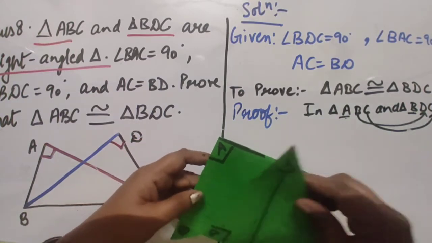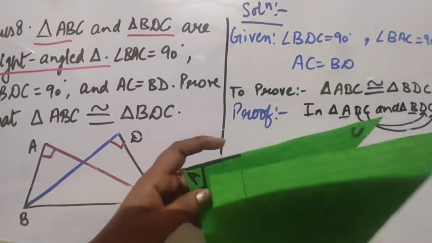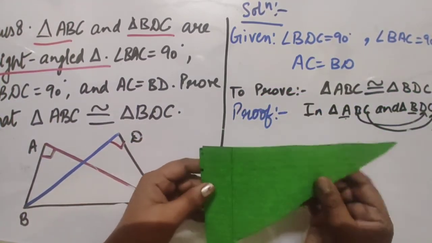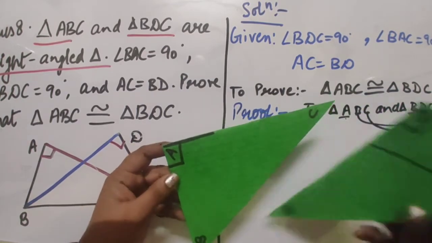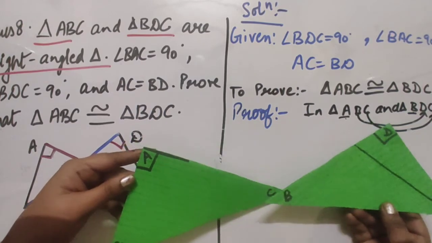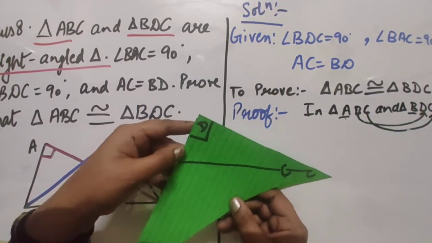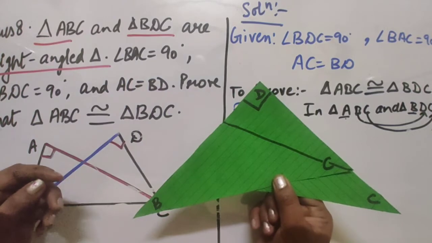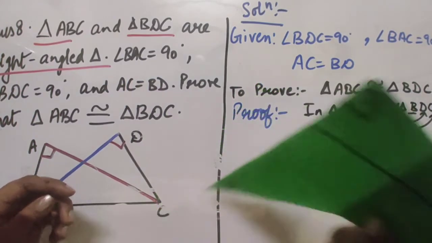So let me see how I'm going to put it. This is the correct way. That means I have to flip it, because if I simply slide it onto this, I have seen it is not at all fitting each other.